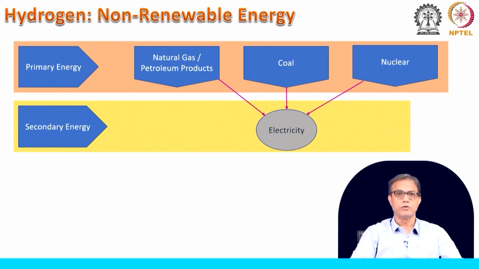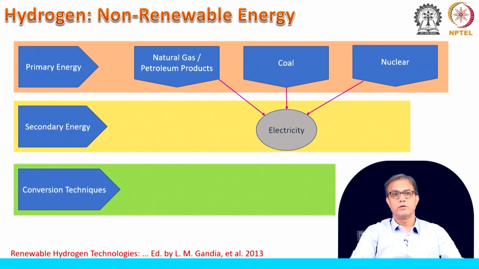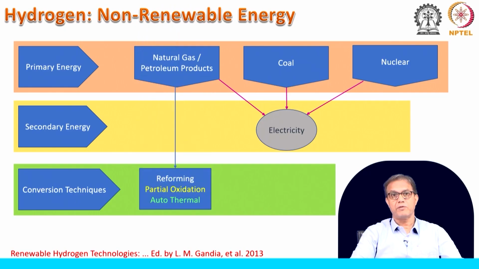Now, let us look into this secondary energy, and from there look into the conversion techniques for generating hydrogen. From natural gas and petroleum products, we have three basic processes: partial oxidation, steam reforming and the autothermal process. And from coal, there is another process called gasification. We will be talking about it later on.